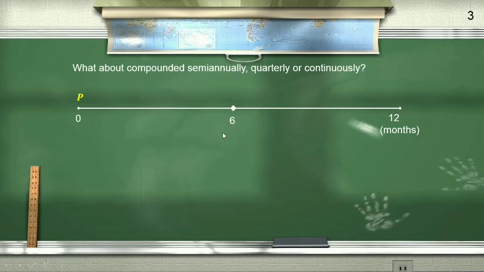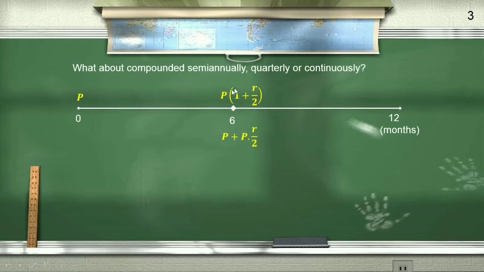Now we are going to see our money, our capital P, at the end of the 6th month. So our money becomes P plus P times R over 2. And then to make it simpler, we factorize this term and it becomes P times 1 plus R over 2.